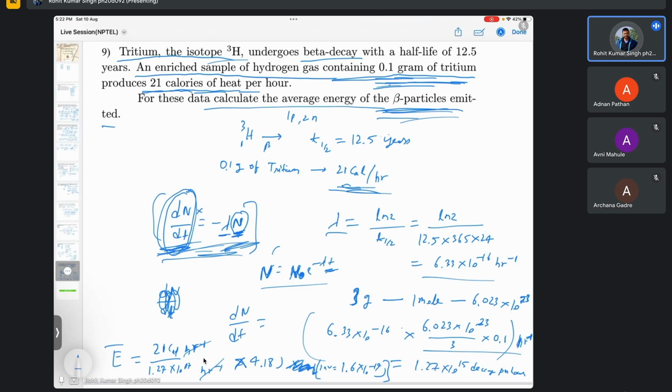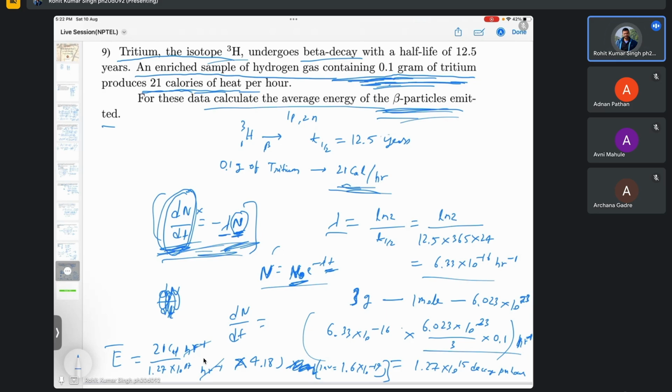One confusion I understand is why we are taking this number as N instead of N naught. At any time t, we can consider this 0.1 gram of tritium, right?